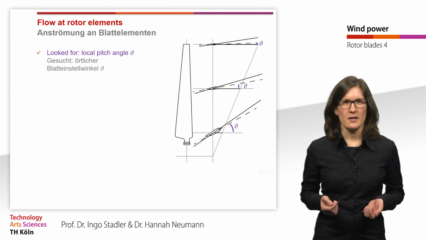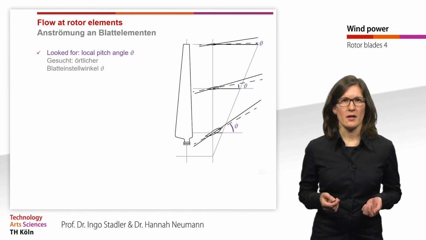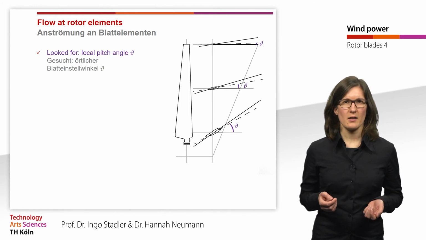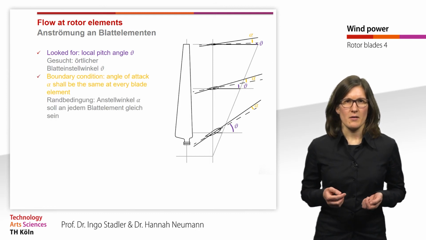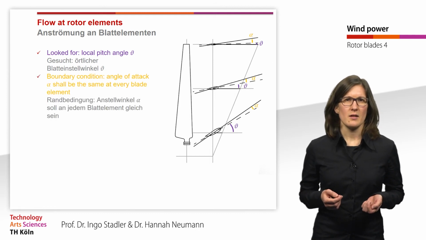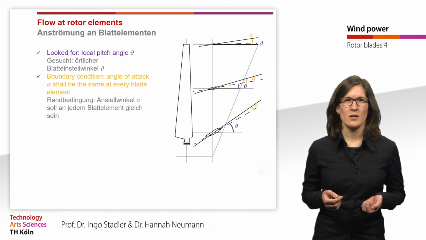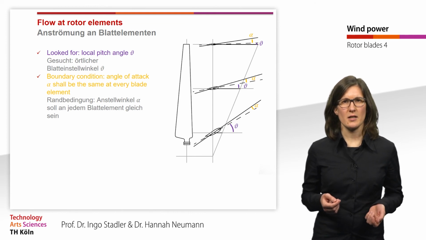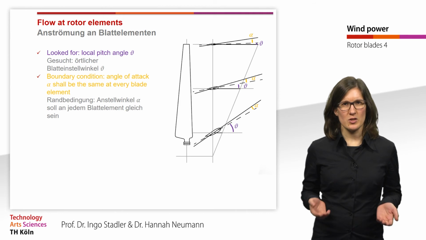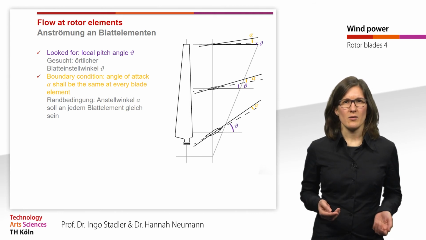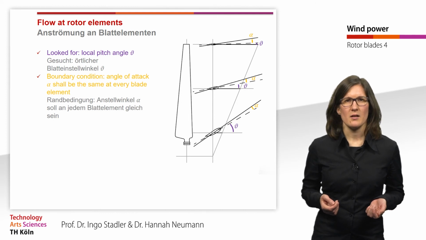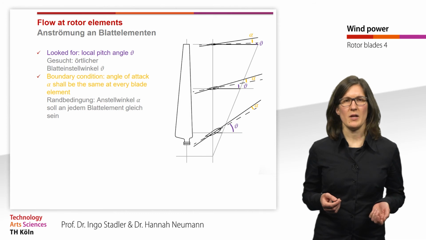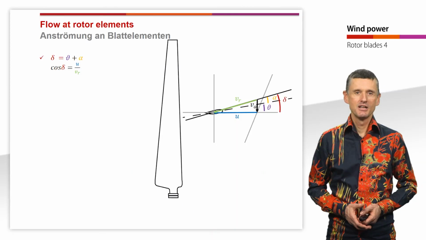This angle is a constructive parameter, and thus we are looking for this angle when dimensioning a rotor blade element. And there is a boundary condition that has to be taken into account when defining the local pitch angle theta. The boundary condition is that the angle of attack shall be the same at every blade element in order to achieve equal flow distribution at every blade element.